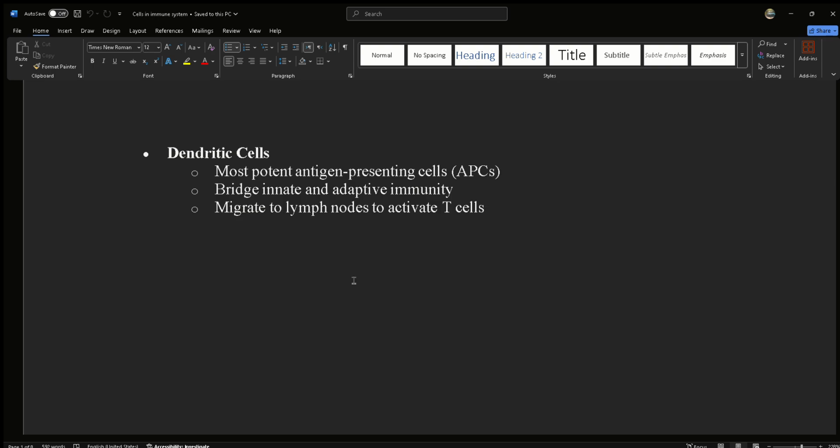Dendritic cells are the most potent antigen presenting cells, bridge innate and adaptive immunity, and migrate to lymph nodes to activate T cells.